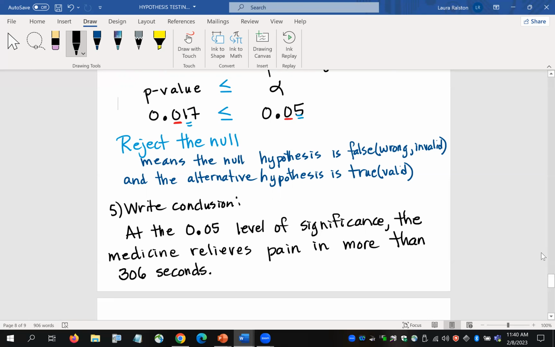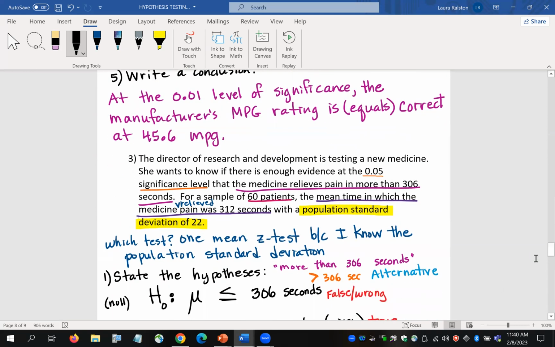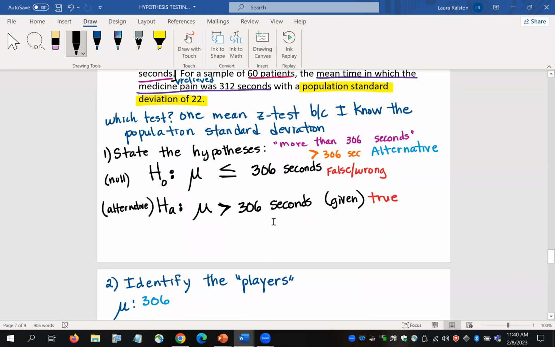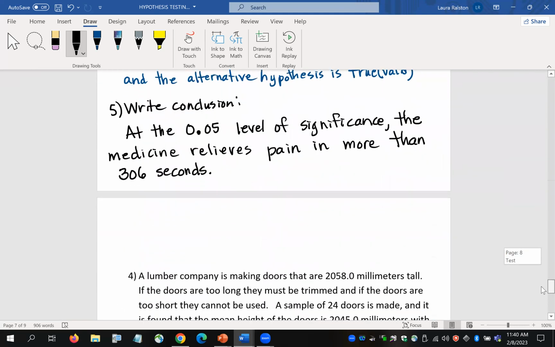So I basically took the statement that was the original hypothesis and put it into my conclusion, because that's what we proved based on the evidence to be true, that it did take more than 306 seconds.